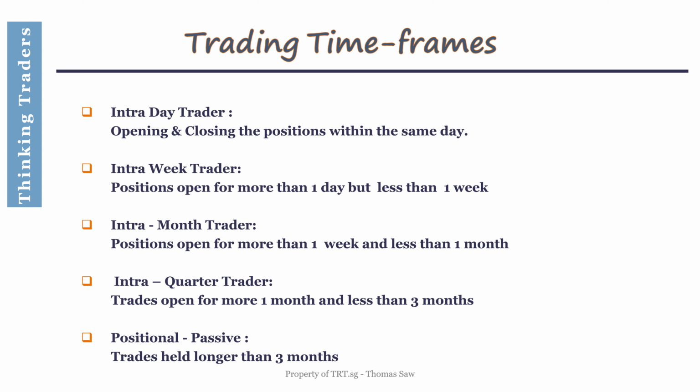Since then, the market has become more efficient. So what's the difference between intra-week and intra-fortnight? 7 days versus 14 days, only 7 days different, but can the entry and exit parameters be exactly the same now? The answer is no. The shorter the time frame you trade, the more aggressive you are trading.